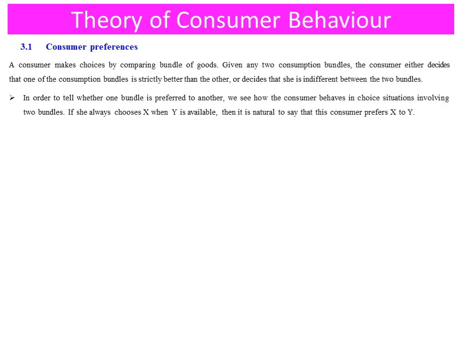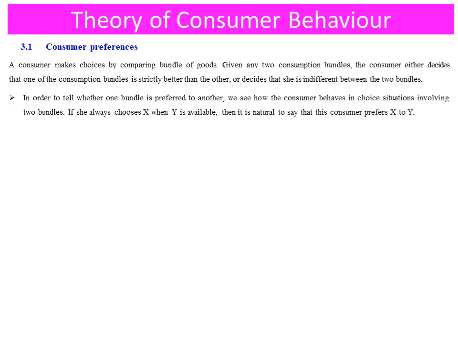Consumer preference. A consumer makes a choice by comparing bundles of goods. Given any two consumption bundles, the consumer either decides that one of the consumption bundles is strictly better than the other, or decides that she or he is indifferent between the two bundles.